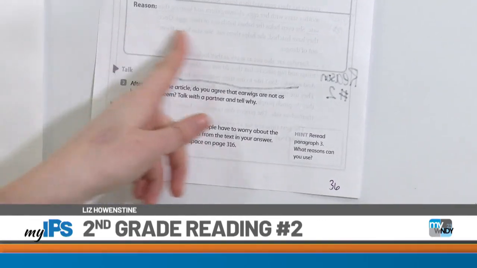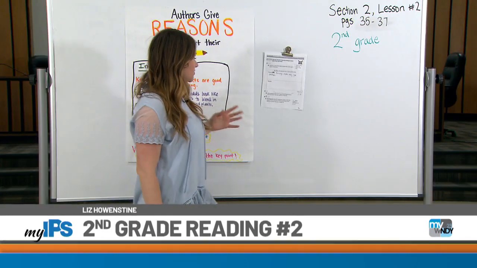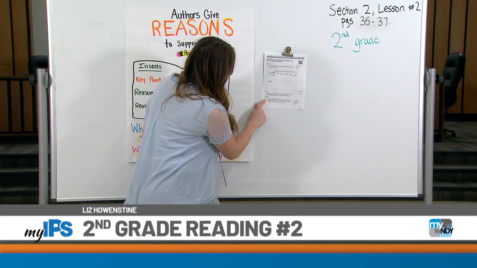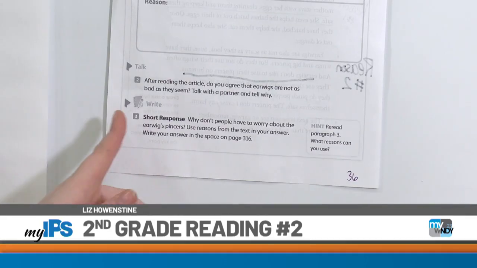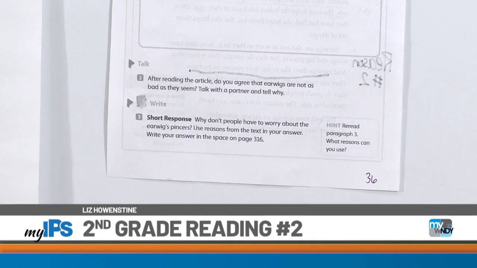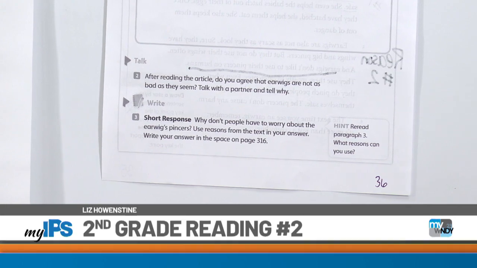Now that you wrote down your reasons at home, I gave you some time, you can do this. Now we're going to look at the bottom and see the number 3. It says short response. So that actually is going to be on your next page, page 37. So go ahead and turn to the page that looks like this.